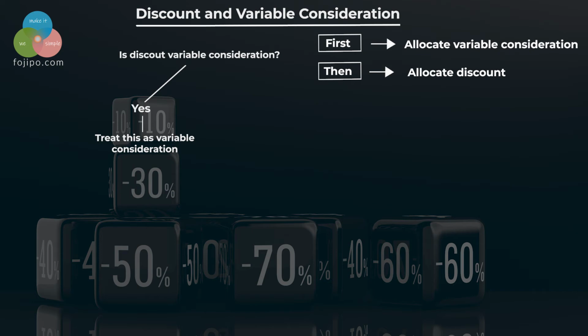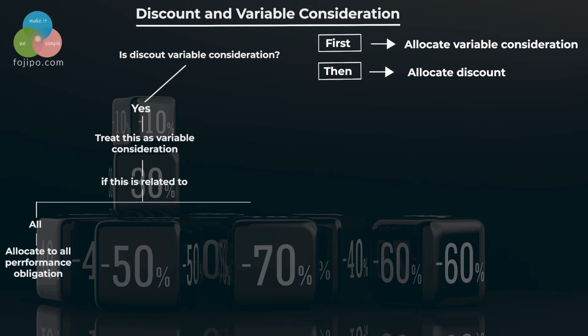Variable consideration may be related to all performance obligations in the contract, or it could be related to only some of the performance obligations, or to a specific performance obligation in the contract. If variable consideration is related to all performance obligations in the contract, then it should also be allocated to all performance obligations in the contract.